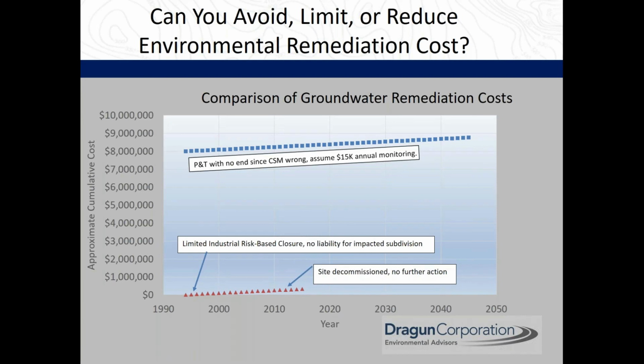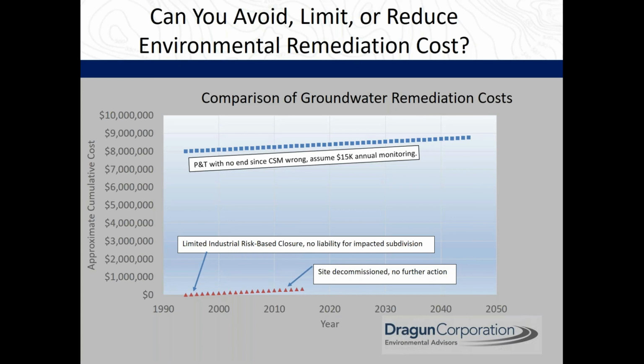Next slide, please. So this is kind of a cost comparison. The top line, the blue dots, shows the $8 million pump and treat with no end in sight, since they had their conceptual site model, CSM, wrong, and I assume $15,000 a year annual monitoring.